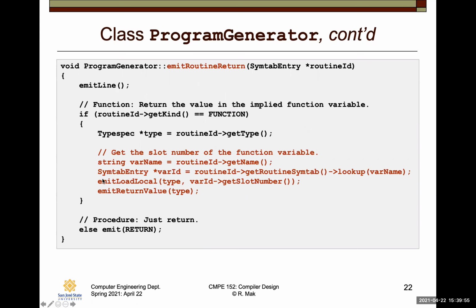So this red code here is basically identifying that variable that has the same name as the function and getting its slot number so that we can push its value onto the operand stack before we do the return. So this is the emit function that deals with returning from a procedure or function.